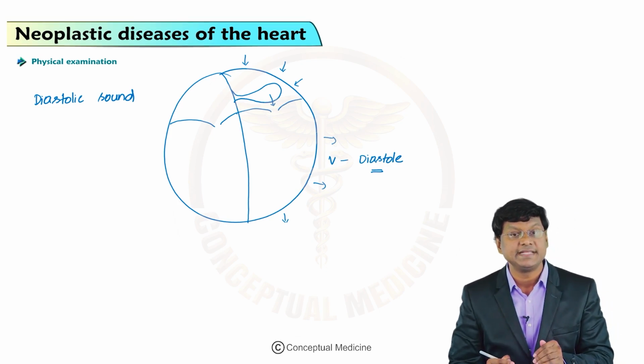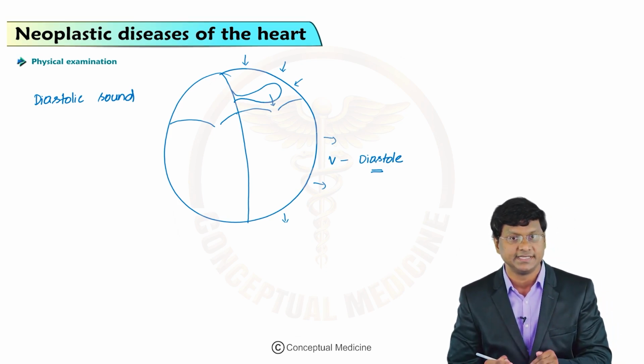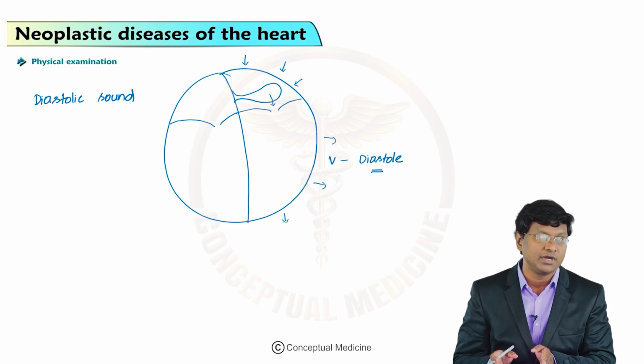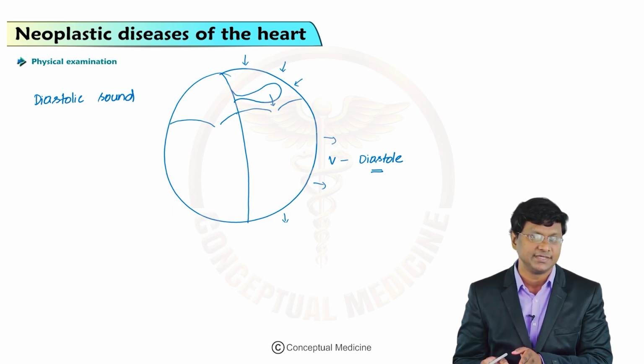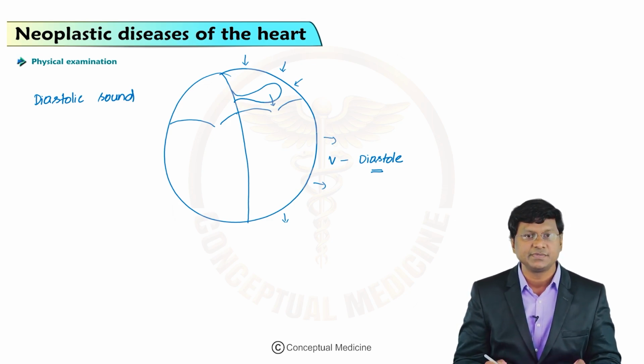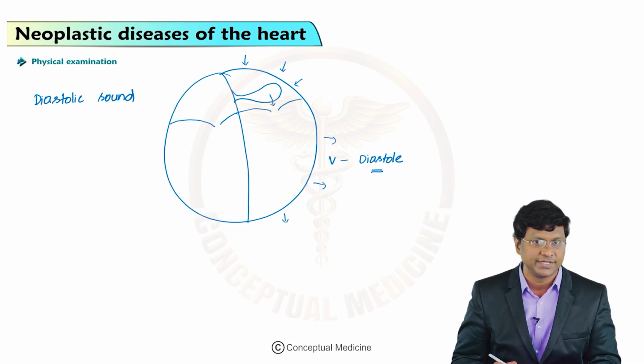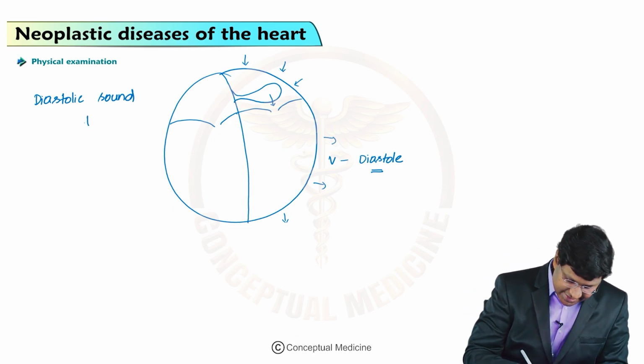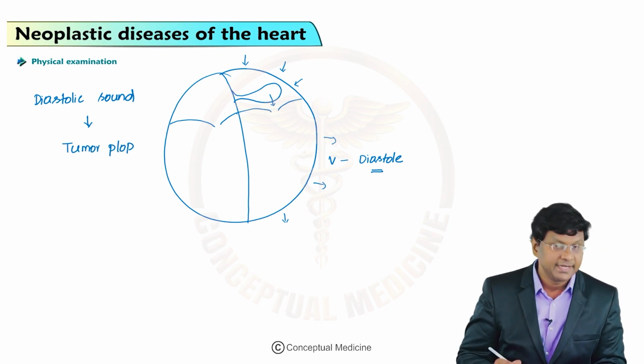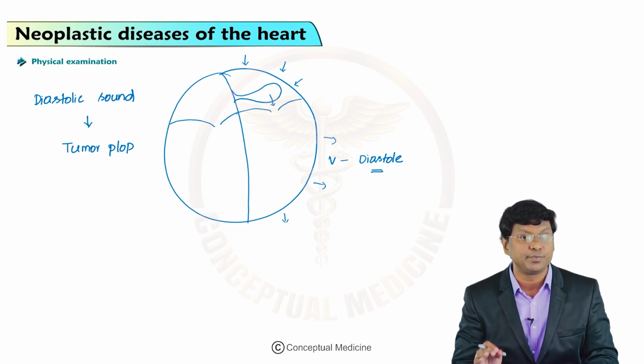So the sound that is heard during diastole of the ventricle is the reason why we consider this a diastolic sound. And what is that sound? That is your tumor plop.